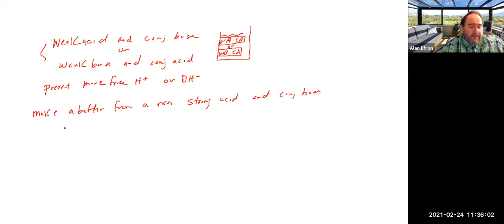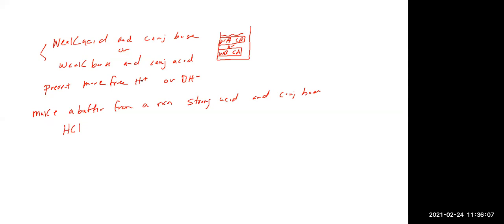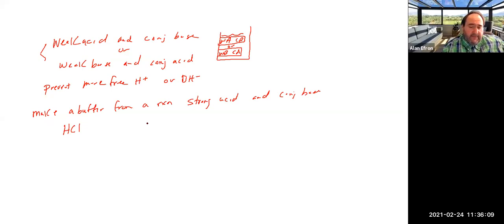For example, the one in maybe part B there, we had hydrochloric acid being added to sodium acetate, which was our basic part of the buffer. And again, we would make our acetic acid plus our sodium chloride here.